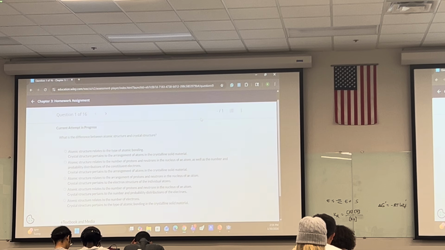So this one, what is the difference between atomic structure and crystal structure? You should be selecting the answer that reads: atomic structure relates to the number of protons and neutrons in the nucleus of an atom, as well as the number and probability distributions of the constituent electrons.